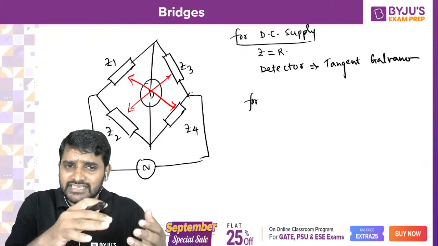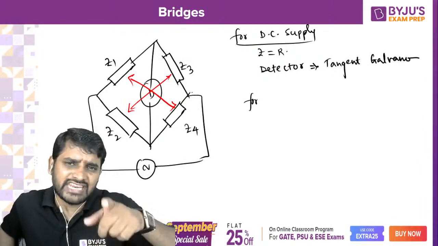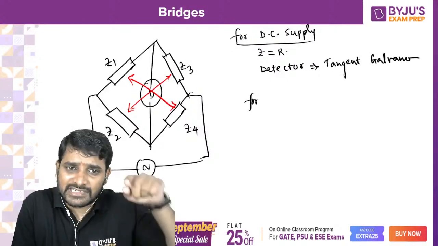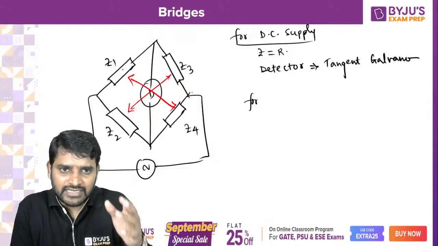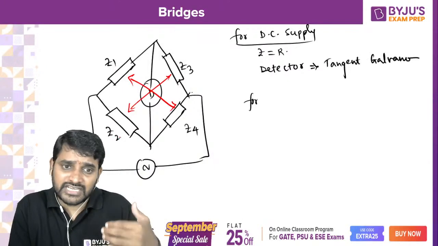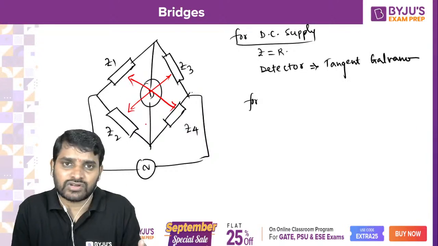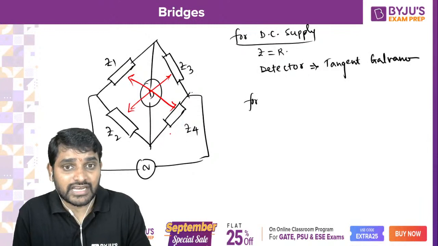And here in the four arms, any one can be unknown. There is no such rule like placing Z1 as unknown. It can be anywhere. Z1 can be unknown, Z2 can be unknown, Z3 can be unknown, right? Any one should be unknown, remaining three should be known values. So they will ask you to calculate Z4, or Z3.